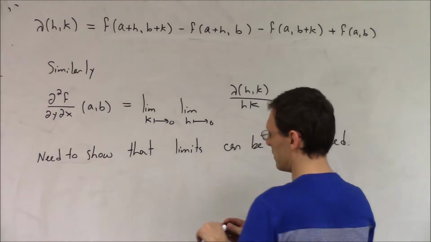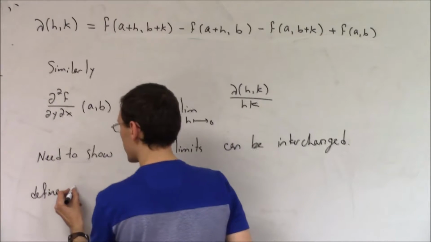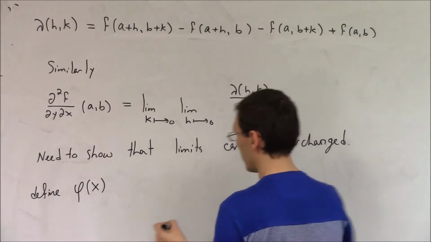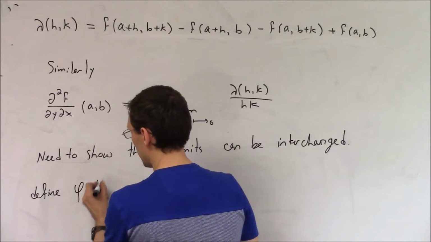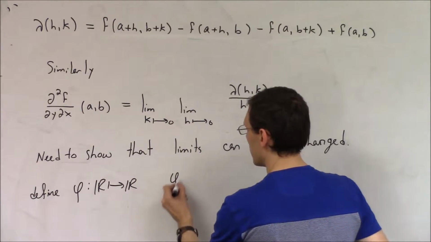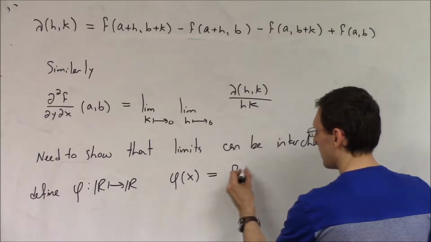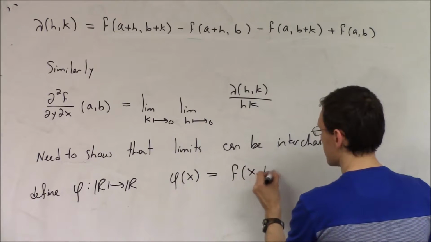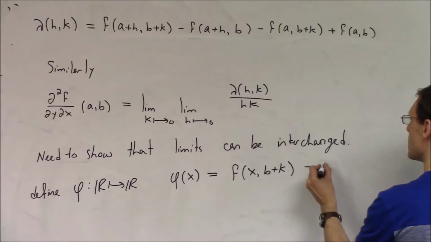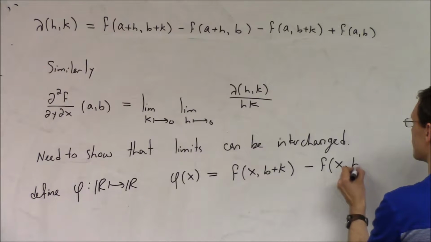Then I'm going to define a function that I call phi of x. Phi is a function from R to R, roughly speaking. It's just a single variable function, and it's going to be defined by phi of x equal to f of (x, b plus k) minus f of (x, b).